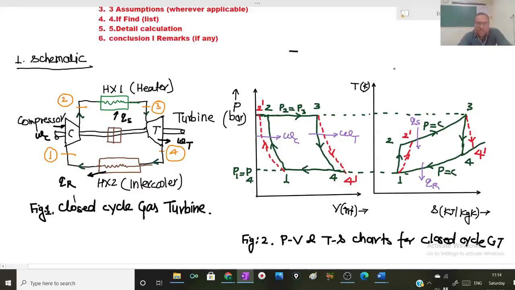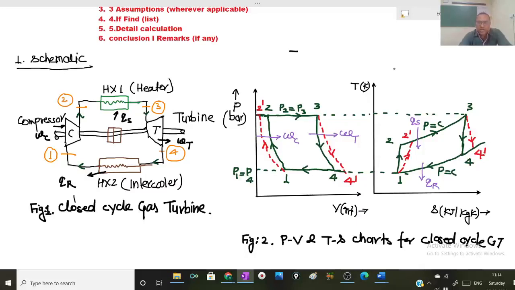Now here, one point you please remember: I have represented reversible processes by continuous line and irreversible processes by dotted line. The reason being, thermodynamics deals with only reversible processes, so only reversible processes can be represented on a property diagram. Thermodynamics actually does not recognize actual processes.